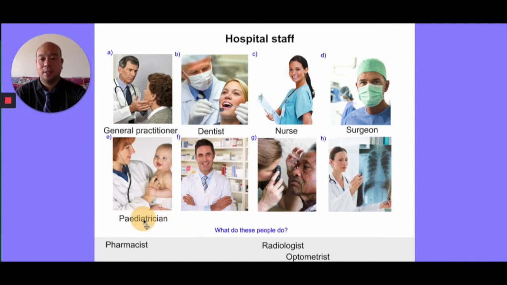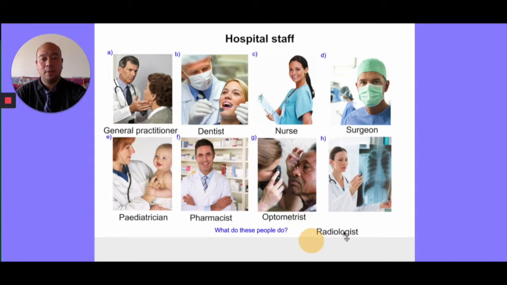She is a pediatrician. Next to the pediatrician, this man, who is he? He is the pharmacist. Picture G is the optometrist. And the last picture, this woman, she is a radiologist.